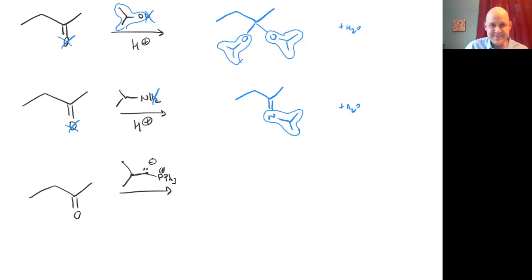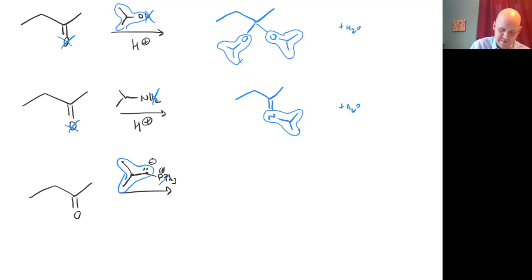All right, Sydney, this is the Wittig reaction in the third one. What are we doing overall? So the negatively charged carbon is attacking the carbonyl carbon. Mm-hmm. So in my product, what am I getting rid of? The PPh3.